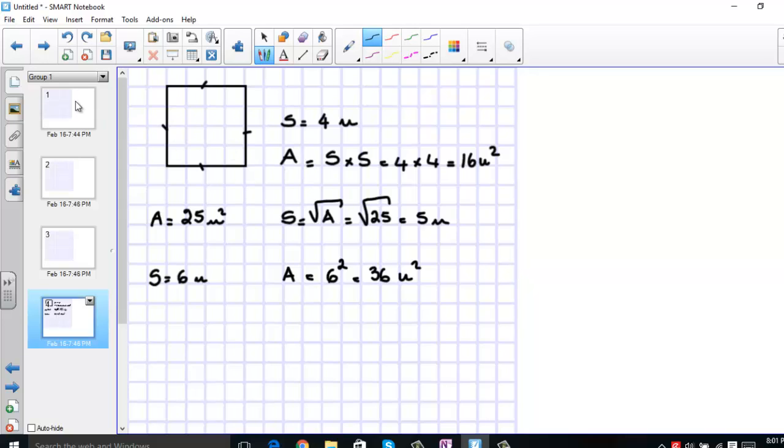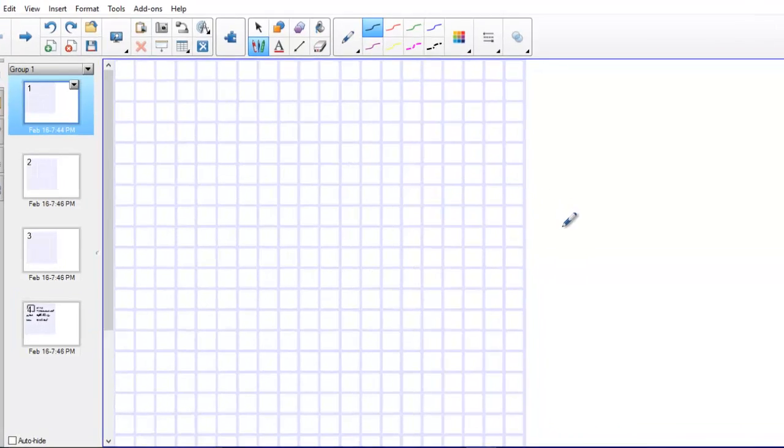Let's say we have a line, and this line is a horizontal line. And someone asks me, what is the length of this line? I need the side. So I count 1, 2, 3, 4, 5, and I say it's 5 units.